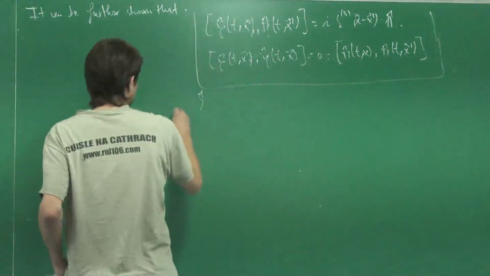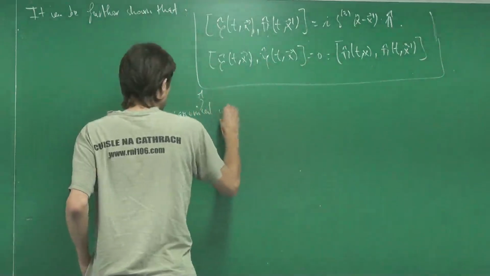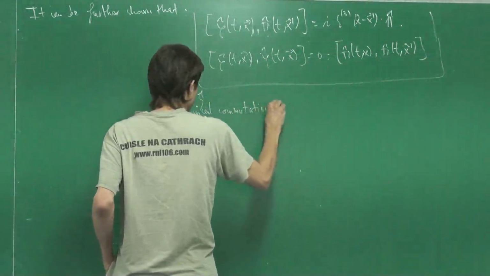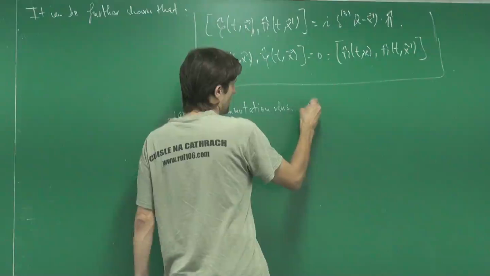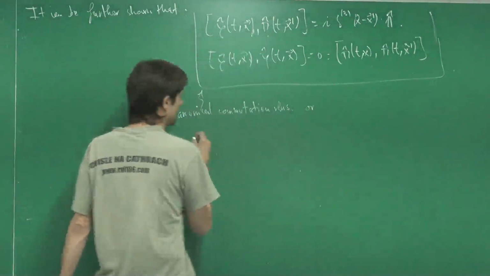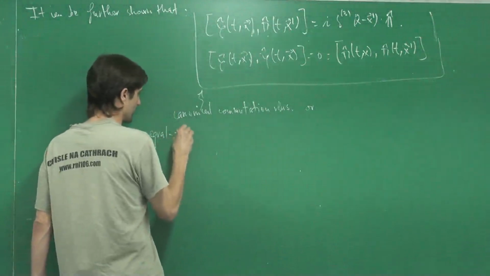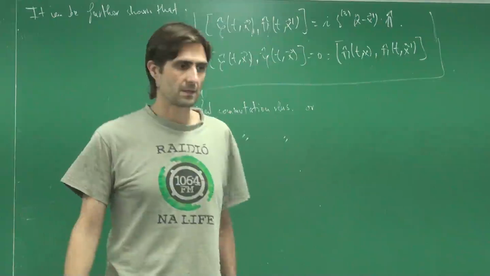These are called the canonical commutation relations, or equal time commutation relations.